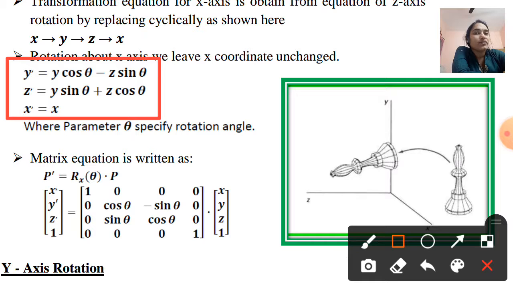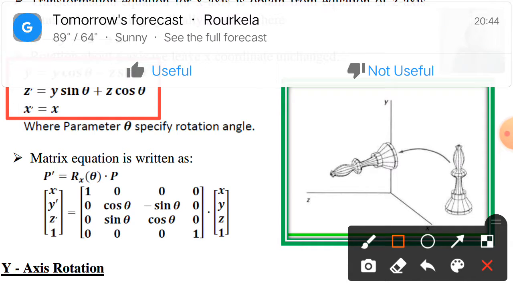Okay. So in the x axis rotation, the matrix equation is written as P dash equals Rx theta into P. P dash means x dash, y dash, z dash, 1, equals Rx theta, which is 1 0 0 0, 0 cos theta minus sin theta 0, 0 sin theta cos theta 0, then 0 0 0 1.